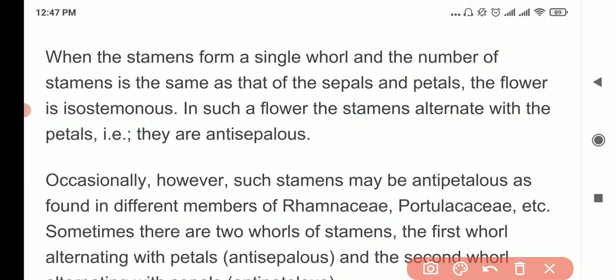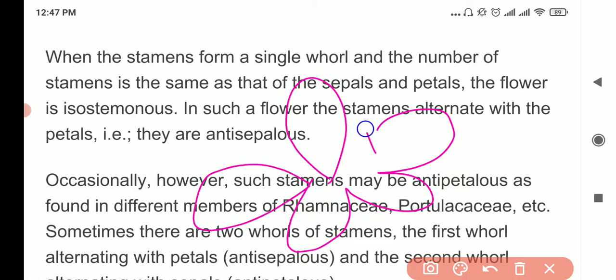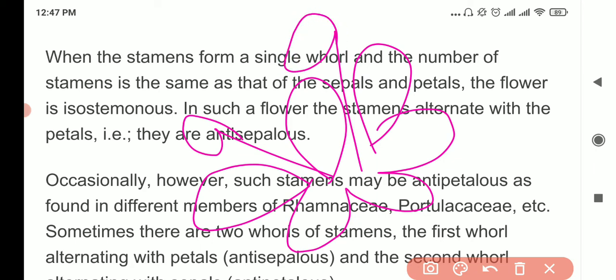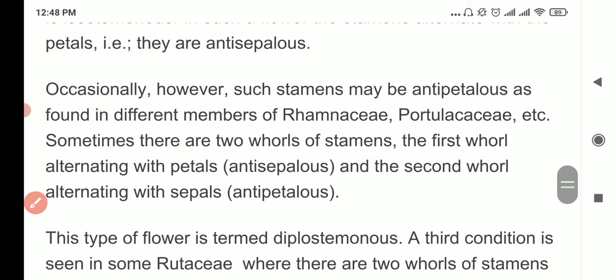In such a flower, the stamen will alternate with the petal, that is, they are antisepalous. So if these are the sepals and these are the petals, here the stamen is in between, they're alternating. It will be sepal, stamen, petal, stamen, petal, stamen, petal, stamen, petal, stamen. It will be like that.